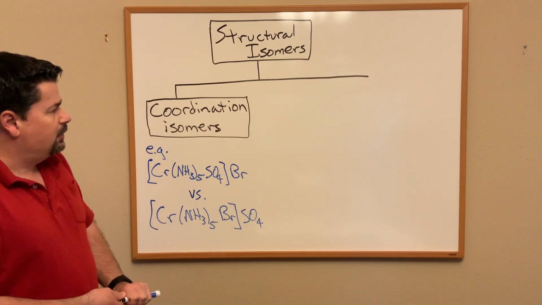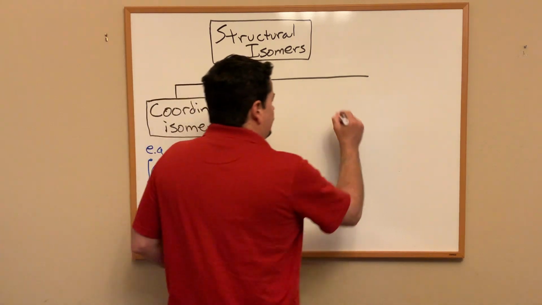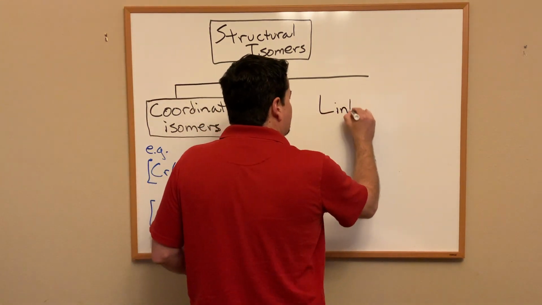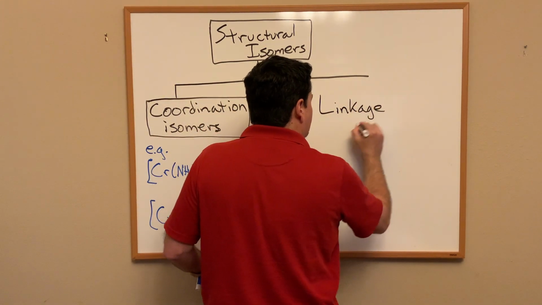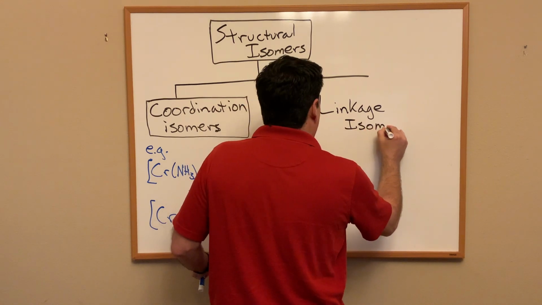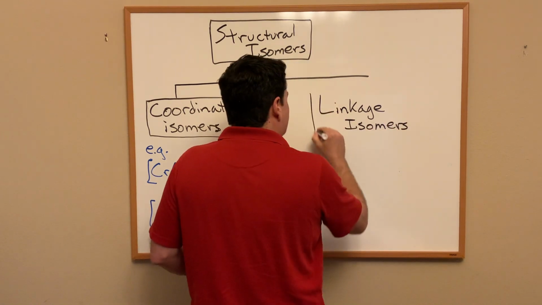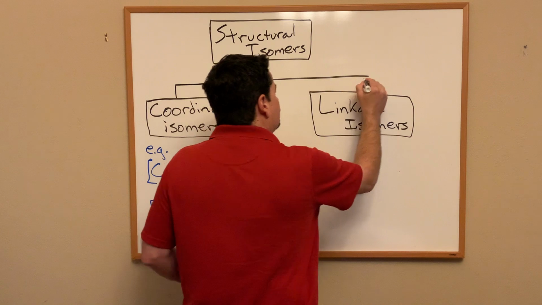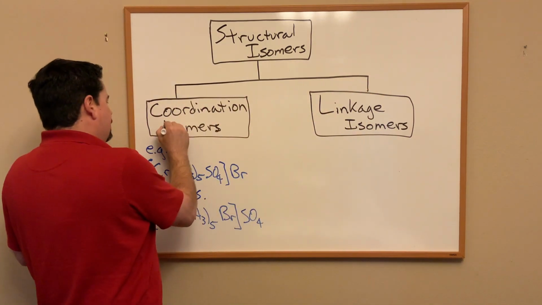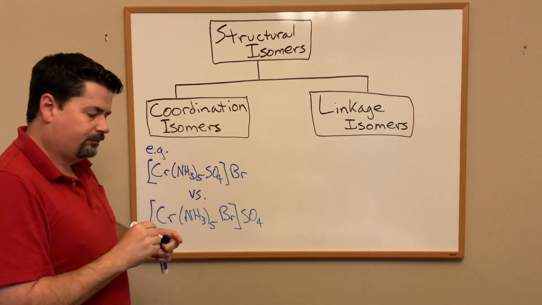We have another type of isomer called a linkage isomer. Just make that a capital I, like before.